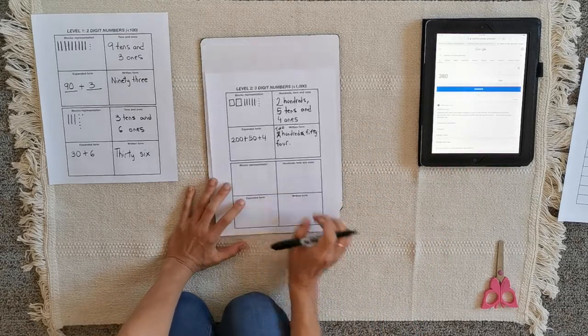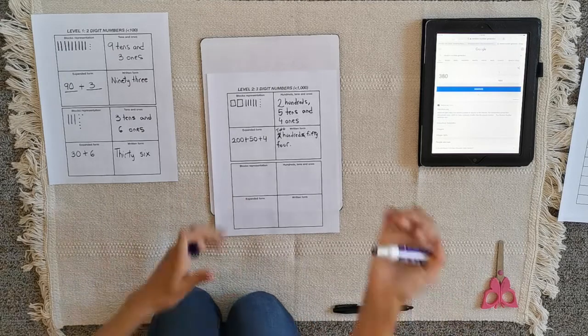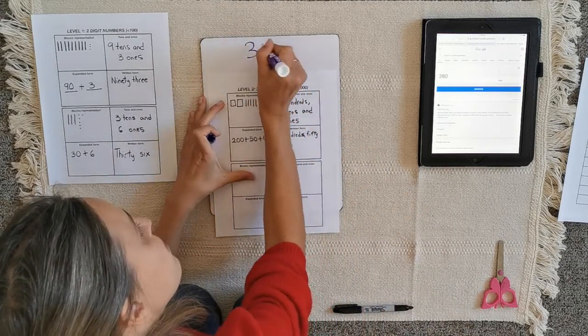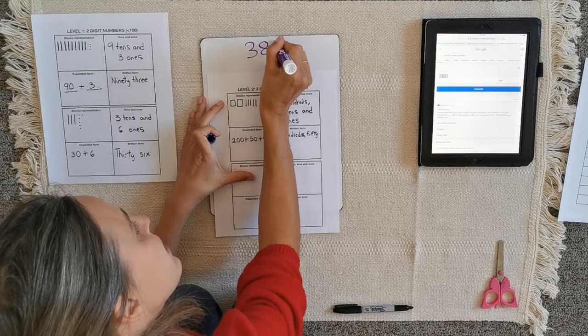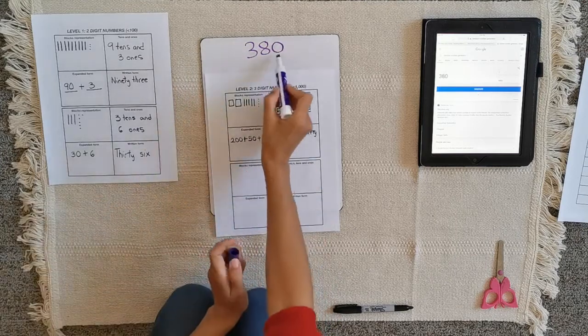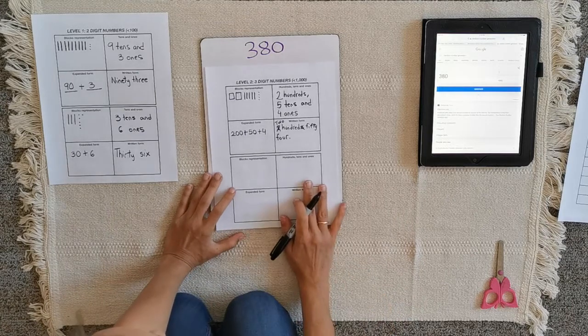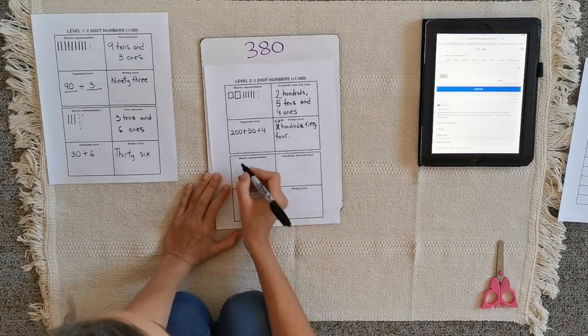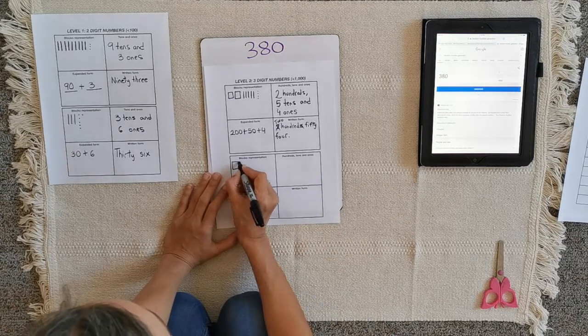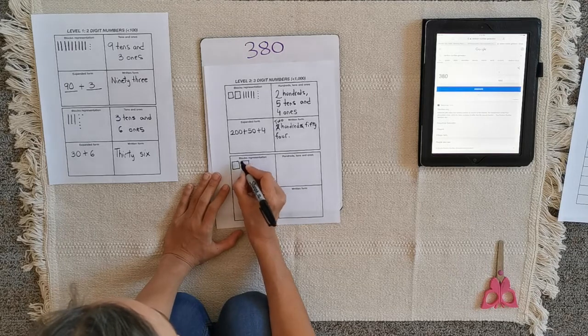Another number. 380. This is the standard form of a number. It's not included in here. 380, in case you cannot see the number in there. Block representation. 300, 3 squares.